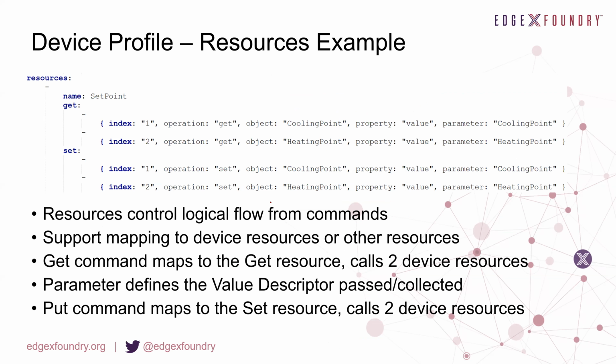Moving on to our resources. These control the logical flow from commands. A command is going to be the REST API call. A resource says, how do I handle this command? In this case, a resource supports a mapping to either a device resource, which if you remember is at the driver layer, or it can fan out and call multiple other resources.